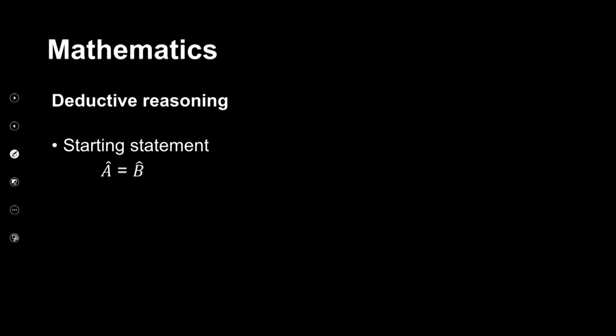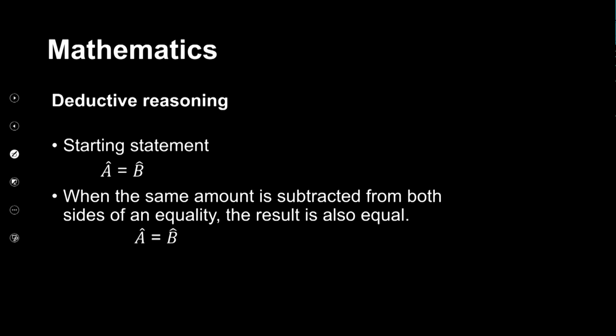Another thing would then be if I wanted to subtract from both sides of the equality, the result is also going to be equal. So, meaning if I subtract P on both sides, my result will still be the same. And you can even use numbers to try and prove this to yourself.